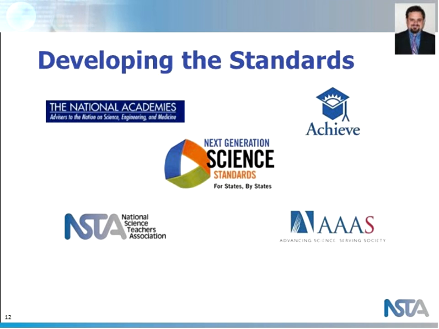As we've got here, the standards are being done in cooperation between 4 organizations: the National Academies of Sciences that developed the framework, the practices were listed in the framework, and we'll talk more about those; NSTA, obviously; ACHIEVE, which is coordinating the development of standards; and AAAS, the American Association for the Advancement of Science.